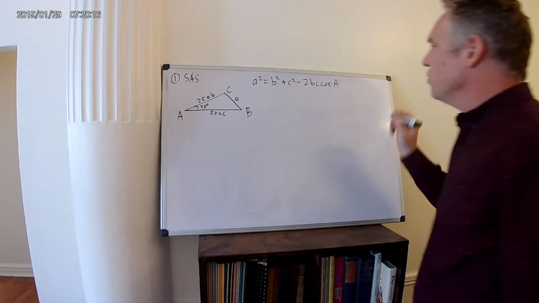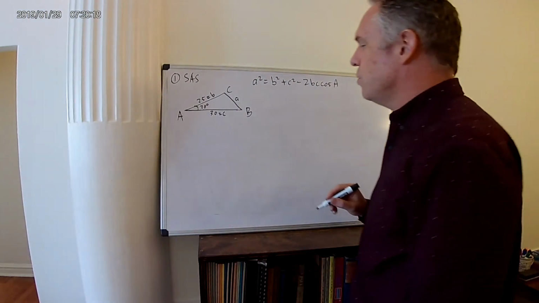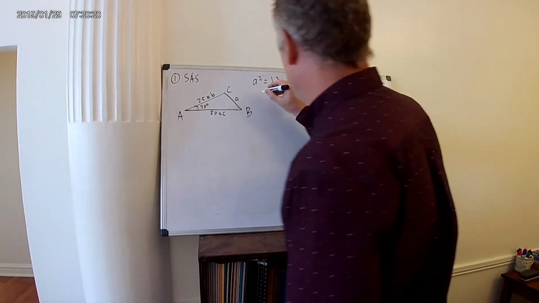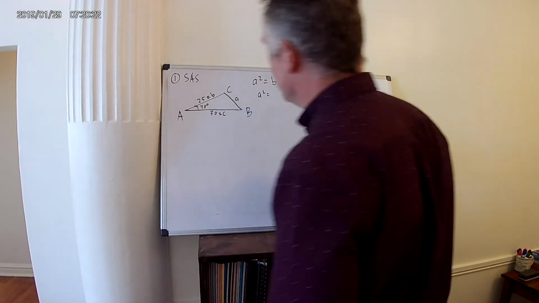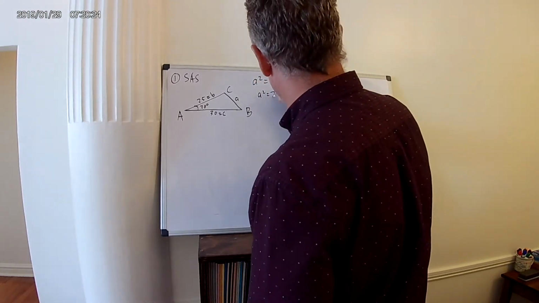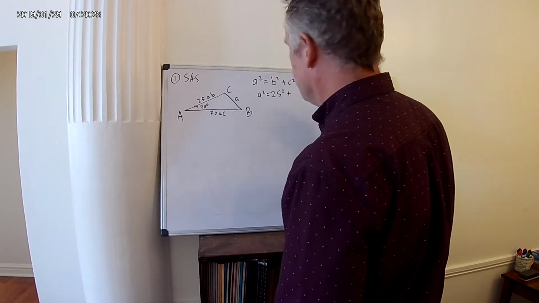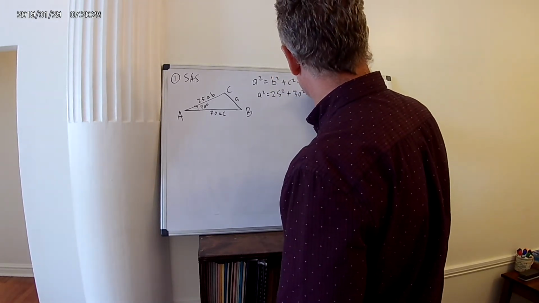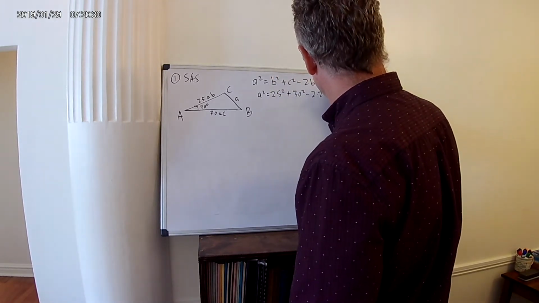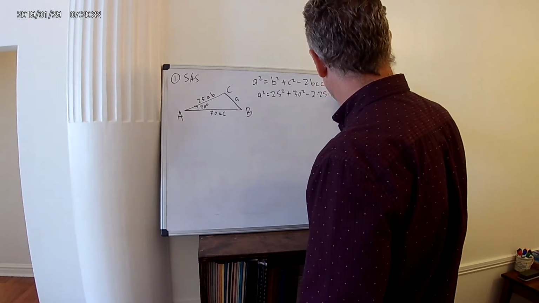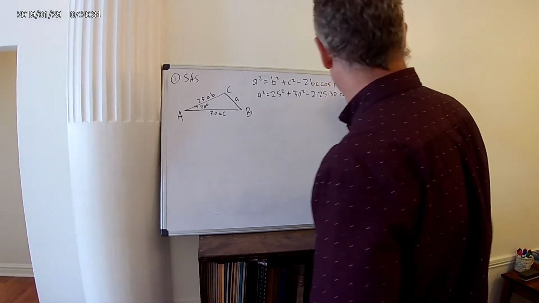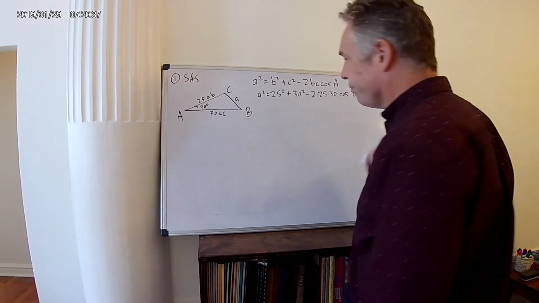And what we're going to do is apply the law of cosines to side A here. So a squared equals b squared, which is 25 squared, plus c squared, which is 30 squared, minus 2 times 25 times 30 times the cosine of angle A, which is 20 degrees.